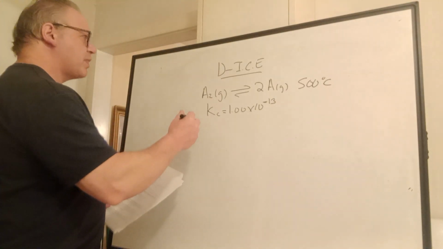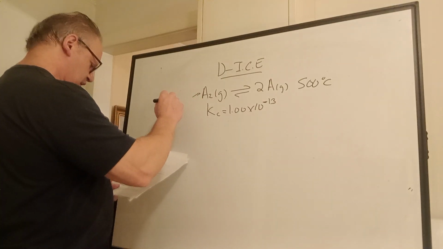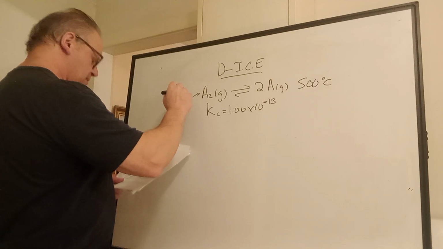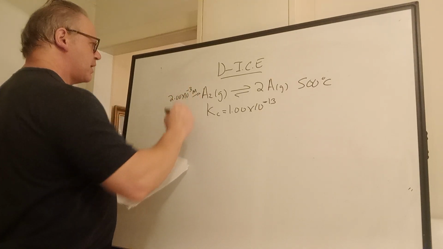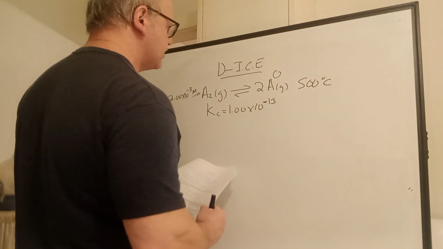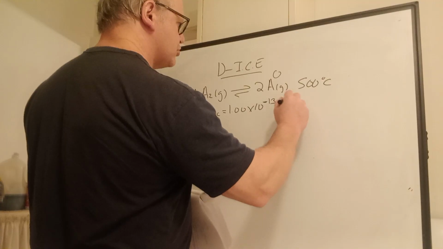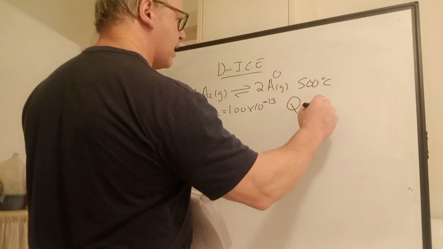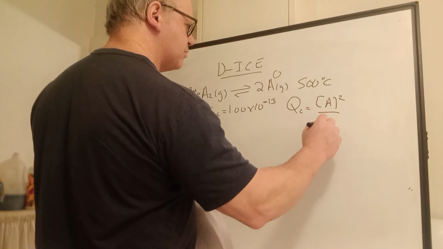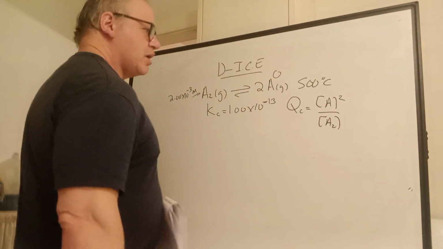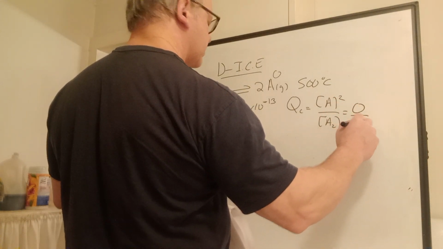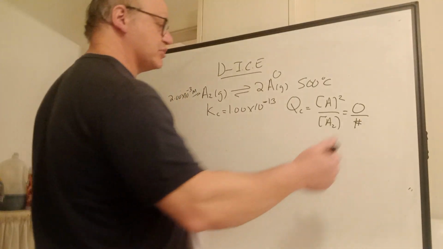So A2 has an initial concentration of 2.00 times 10 to the minus 3 molar, and A is 0 initially. So it's another problem. Again, the reaction quotient Qc would be the products, A squared, over A2, and this would be 0 over a number, 2 times 10 to the minus 3, which is still 0.